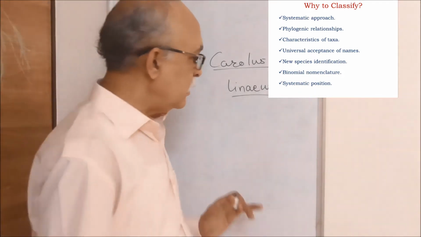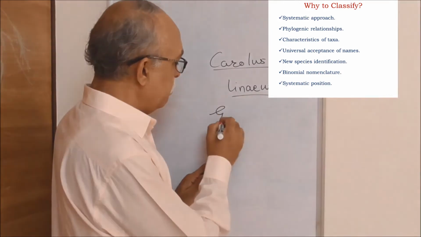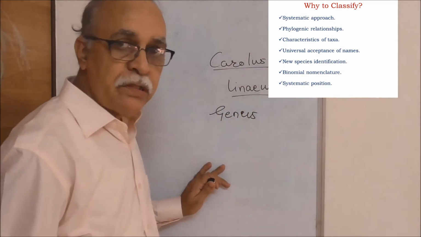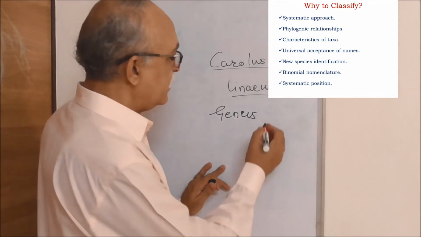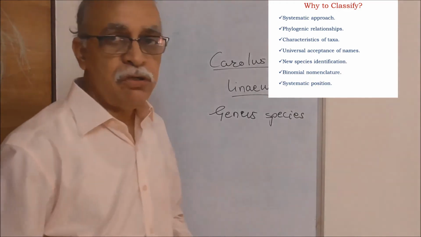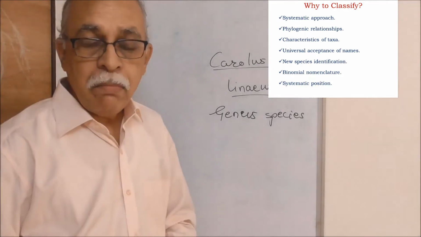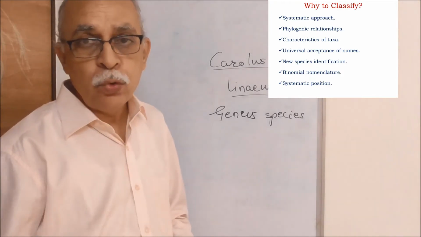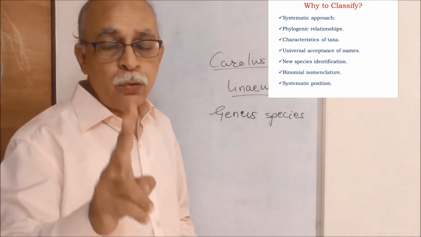The system says that the first name of an organism stands for its genus, and the second name stands for its species. But that's not all. Binomial: bi means two, nomial means rules, regulations. There are two rules to be followed.